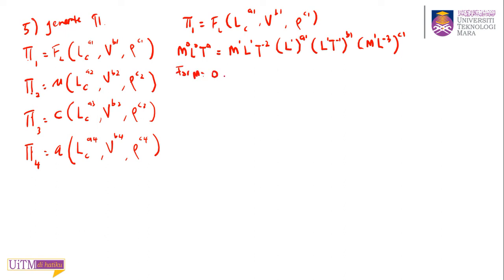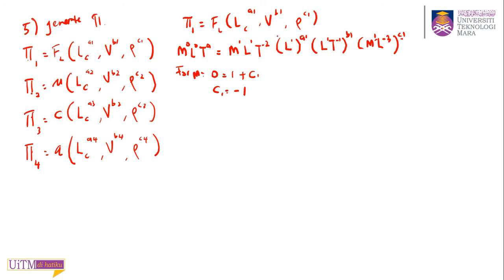So M0 equal to, you have 1M here, so 1 plus, there's no M here, and there's no M here, and you have 1M in the rho, so M1 times C1, so plus C1. So C1 will equal to minus 1.